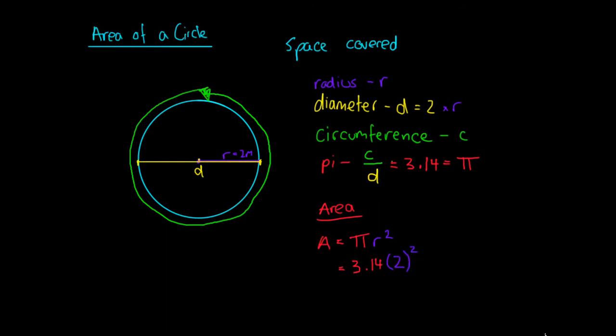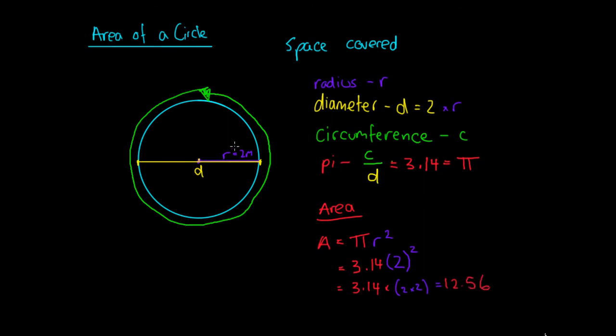So the area of our circle is going to be 3.14 times 2 to the power of 2, which we can write as 2 times 2. If we solve that out, that gives us an area of 12.56.